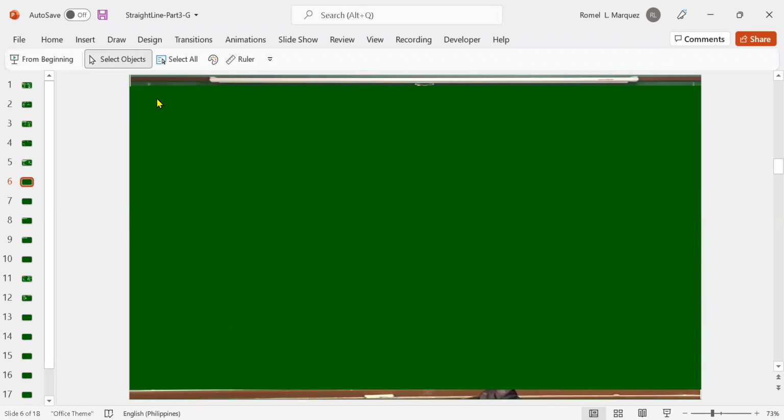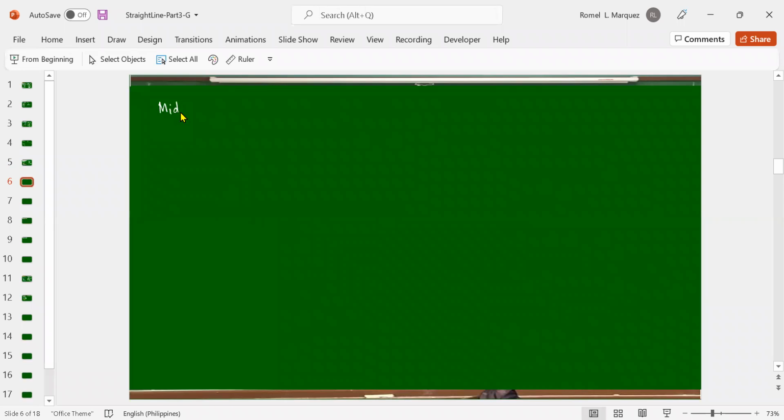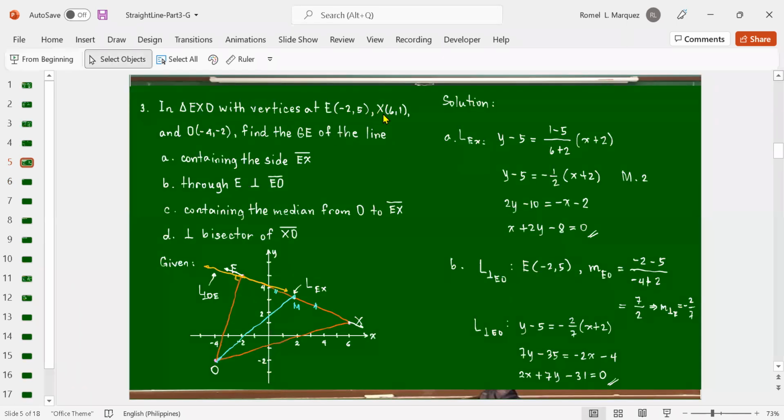So the midpoint of line segment EX: that is positive 2. Again, 6 minus 2, or 6 plus negative 2, is 4, divided by 2 is 2.